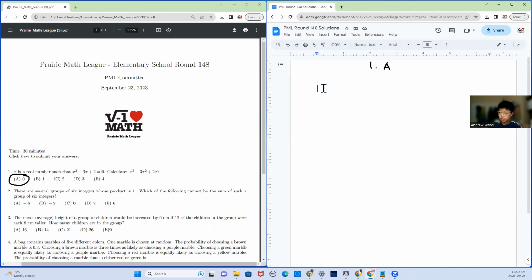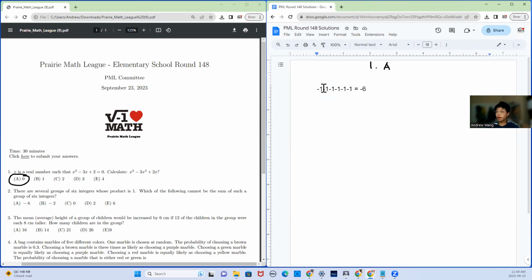So first one, negative 6, we know that the sum is negative 6. So the only numbers really are negative 1, negative 1, negative 1, until you get to negative 6. That equals negative 6. And since we have an even number of negatives, the product will always equal positive.